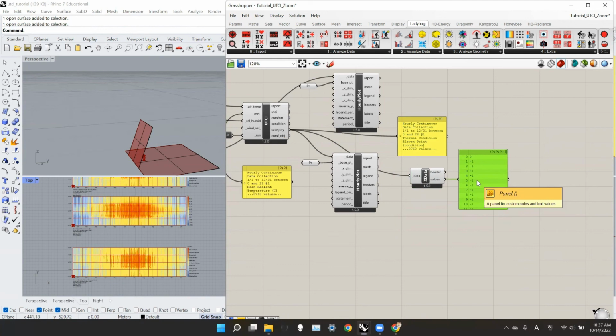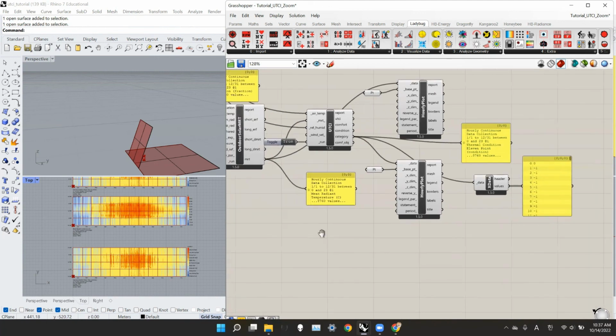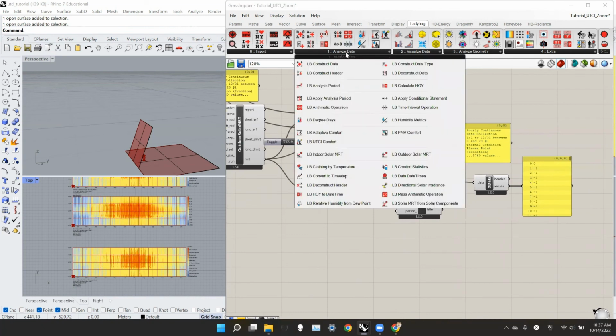And for lunchtime, I will ask you to run the analysis between 11 a.m. and 2 p.m. So it's a 3-hour window for 3 months.